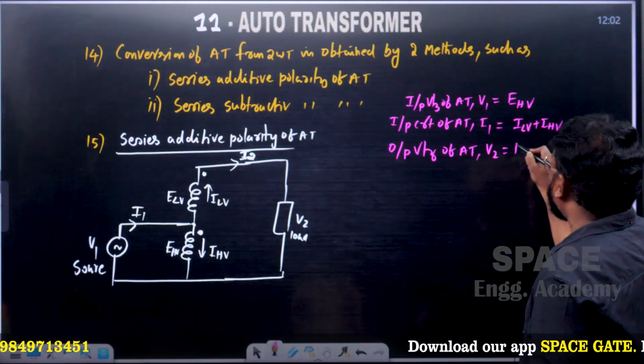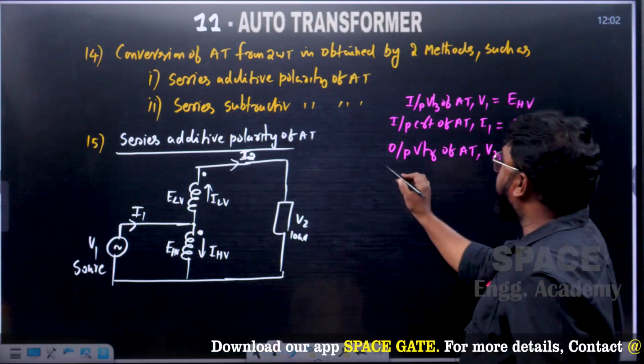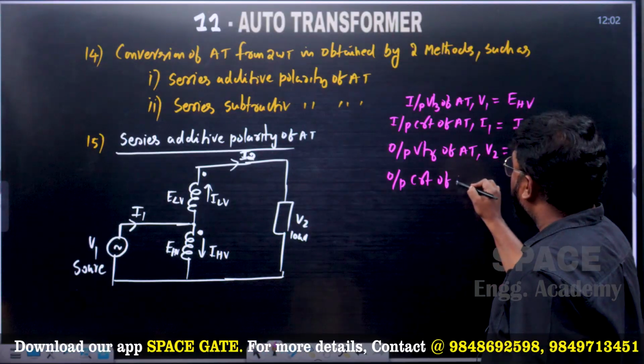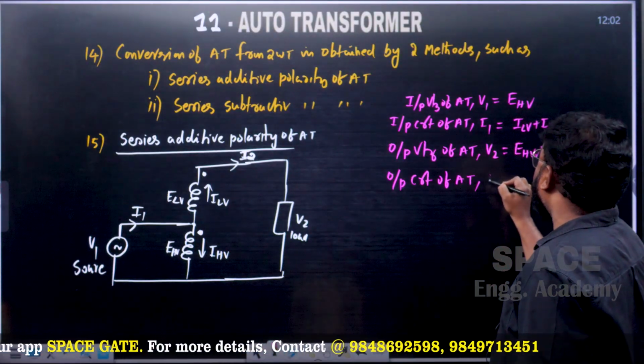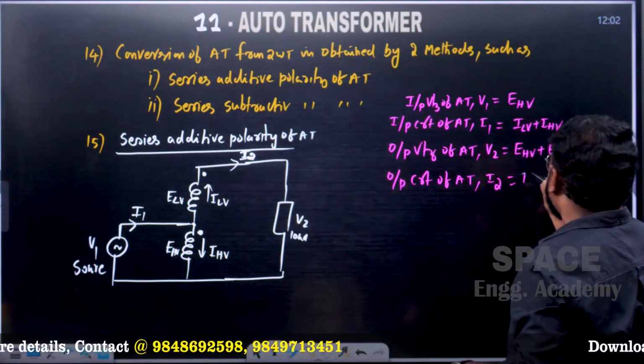Here V2 is equal to EHV plus ELV. Next, the output current of the auto transformer, I2, is the same current that passes through here, that is equal to IHV.